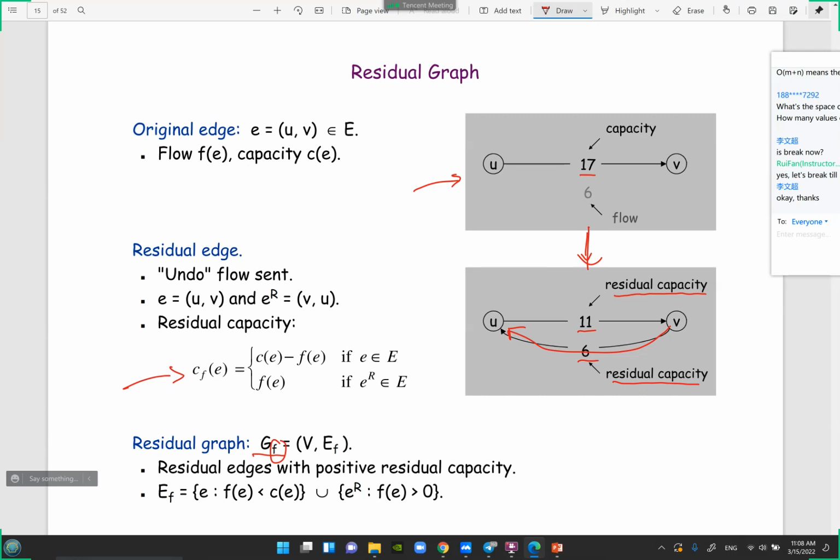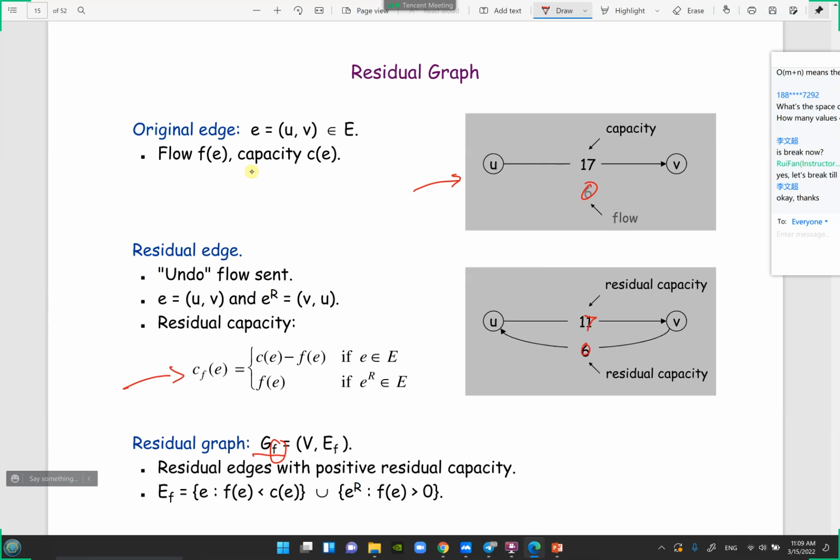Now, one thing is that we're only going to do this for edges which have positive flow. For example, let me just erase this stuff. If from U to V we currently have 0 amount of flow, then our residual capacity from U to V is 17. And going from V to U, we cannot send any flow, because you're sending 0 units of flow from U to V, so you cannot decrease that flow.